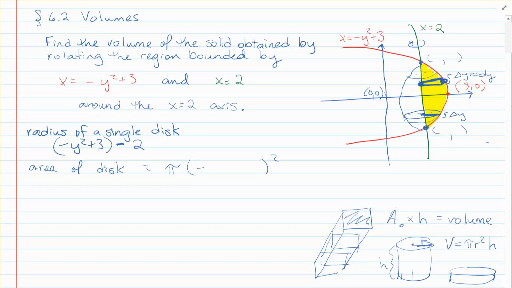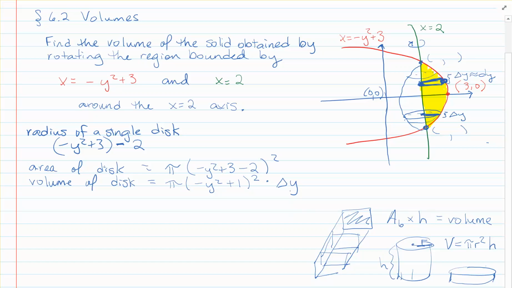I've got negative y squared plus 3 minus 2, and I'm squaring that. That gives me the area of a single disk. And if I want to know what's the volume of one of these disks, one of these really short cylinders, I have pi times negative y squared plus 3 minus 2, which is just plus 1, squared, times, well, the height of that disk we said was delta y.